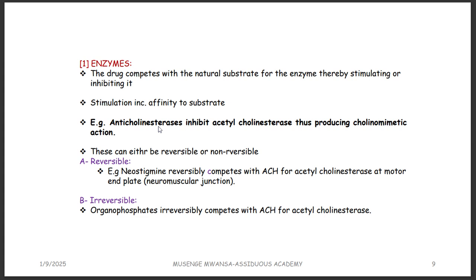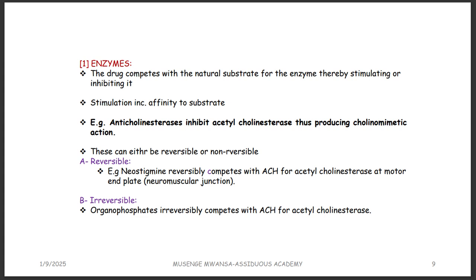An example you can give is the anticholinesterases. Acetylcholine is a neurotransmitter that is released at the neuromuscular junction so that there can be contraction. Now you have what we call acetylcholinesterase. How do I pronounce this?